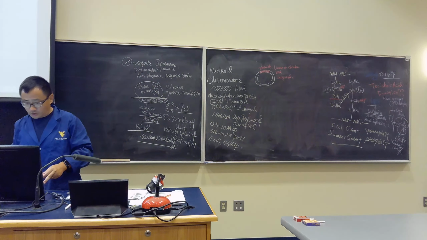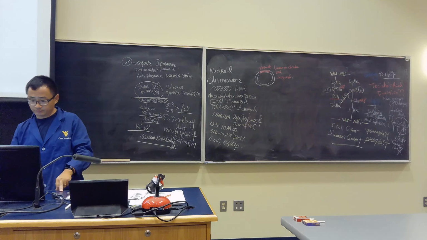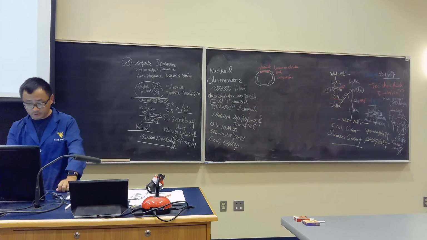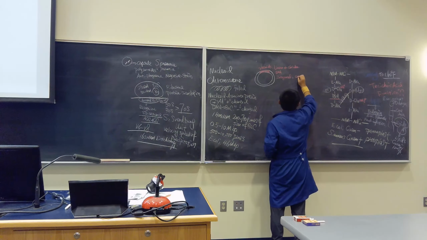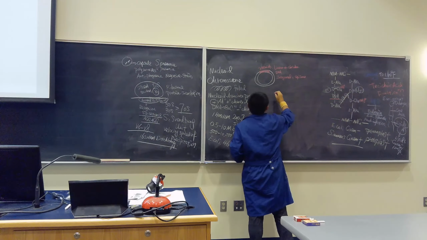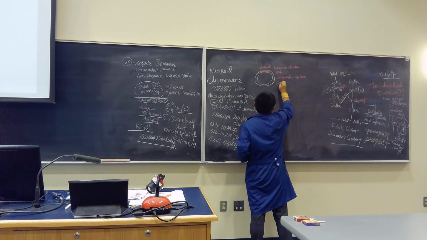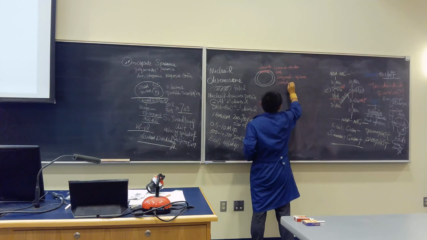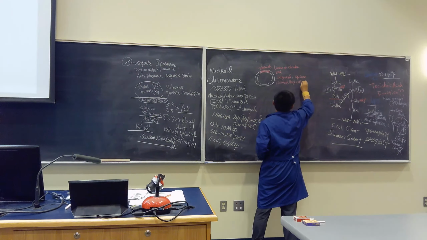Let me see, did I find the name here? Episome, sorry. If it's integrated, we call it an episome. And plasmids could also be isolated, and they could also replicate independently.